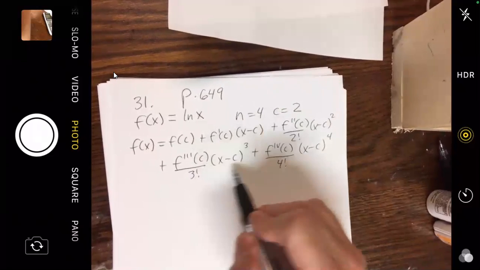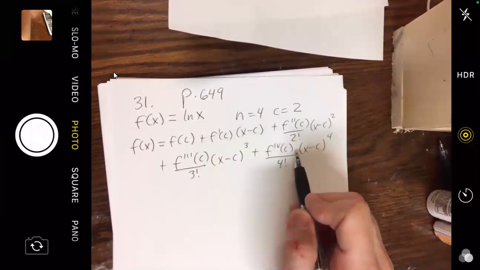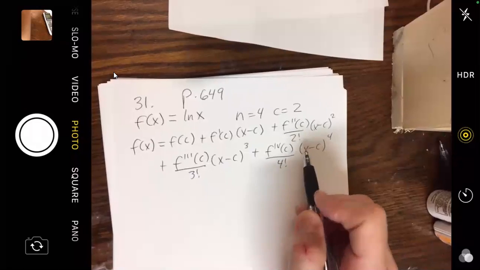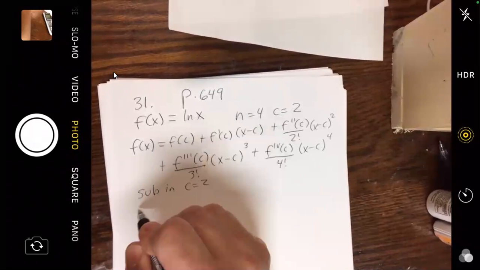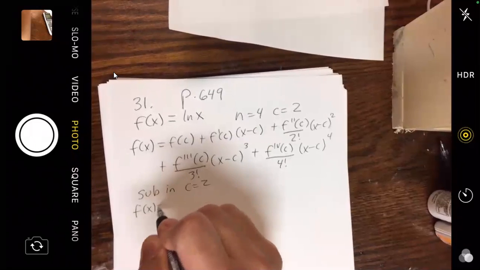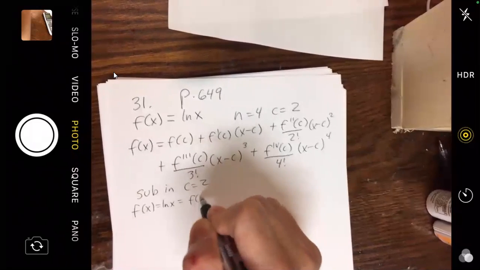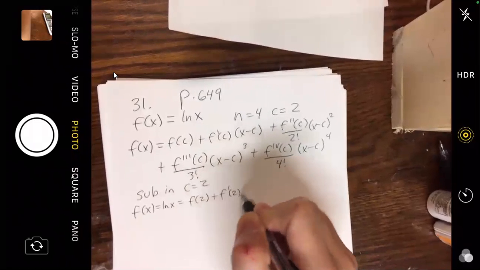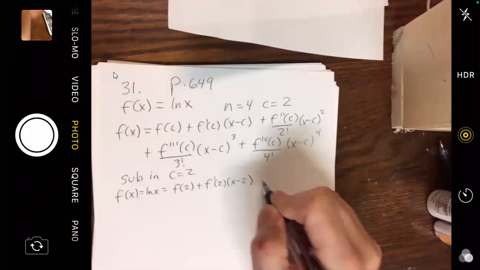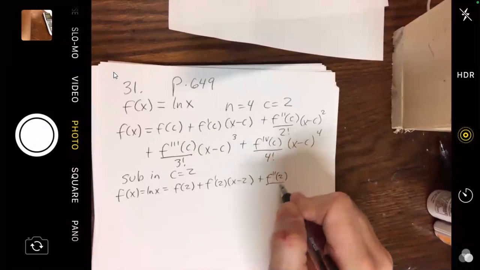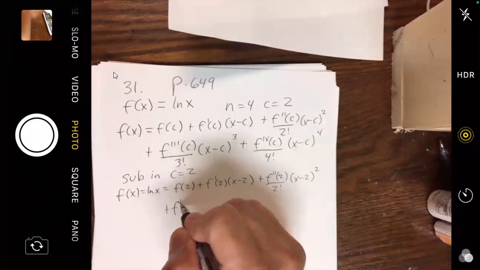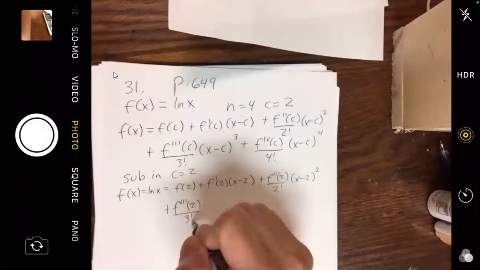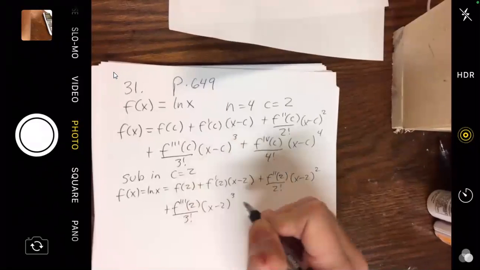Anybody want to see the gibberish in the book where I'm getting this from? No, I remember that from last time. I'm going to substitute c as 2 before I make my table. So basically, log x is f of 2, f prime of 2 times x minus 2, f double prime of 2 over 2 factorial times x minus 2 squared, f triple prime of 2 over 3 factorial times x minus 2 cubed.